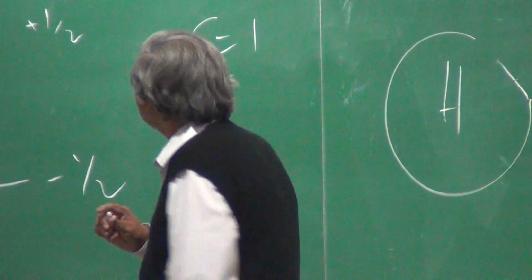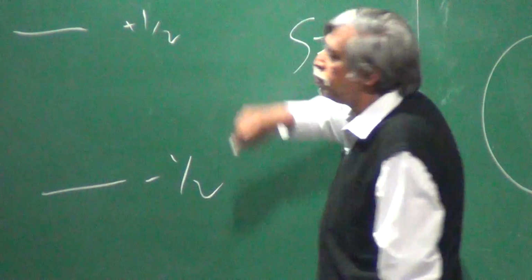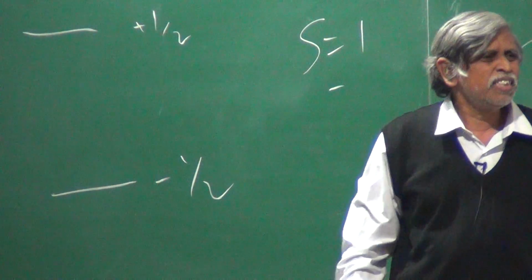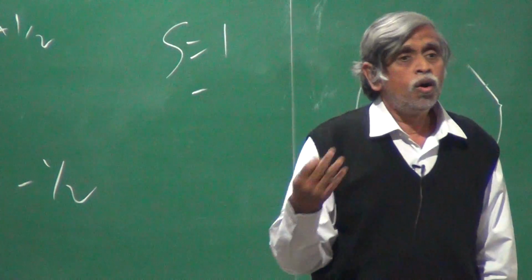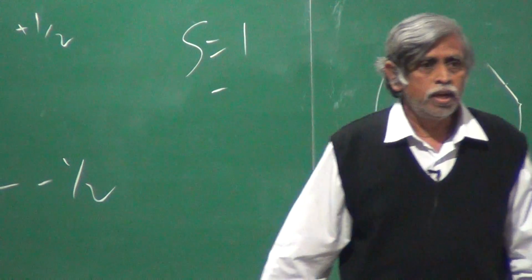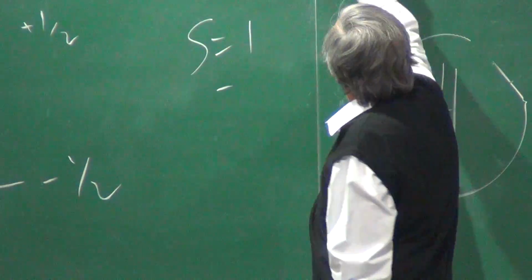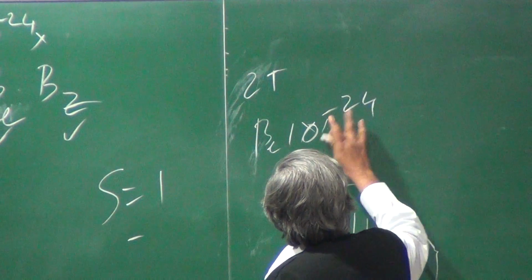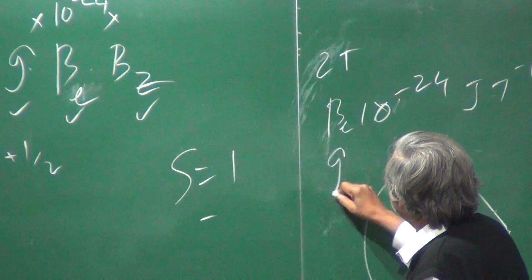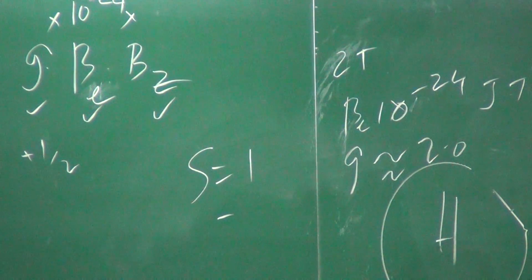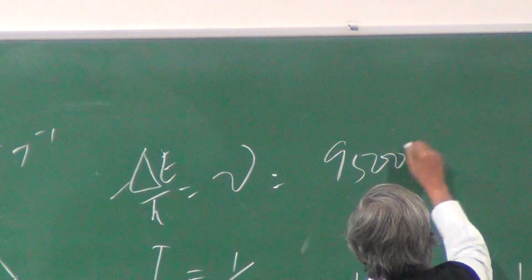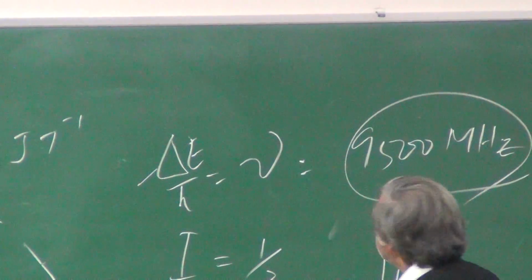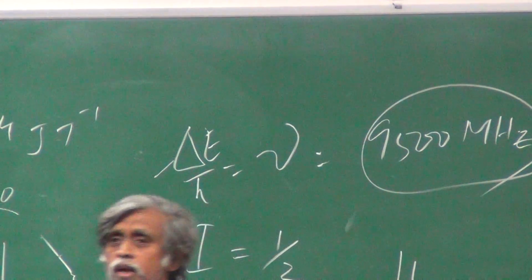So if I know g is 2, I know the value of beta_E, and let me put B_z at, let's say, 2 Tesla, then I can calculate what the energy difference is in terms of joules or in terms of frequency. With B_z about 2 Tesla, beta_E of the order of 10 to the power minus 24 joules per Tesla, and g roughly around 2, you will see that delta E over h, which is nu, will be roughly 9,500 megahertz, which essentially falls in the microwave region.